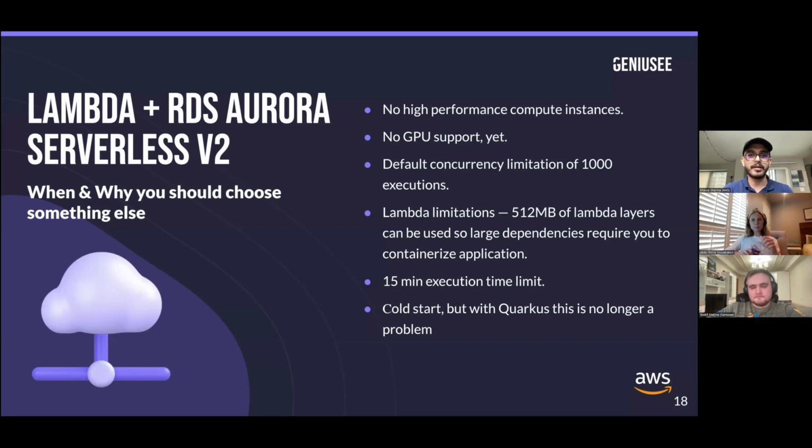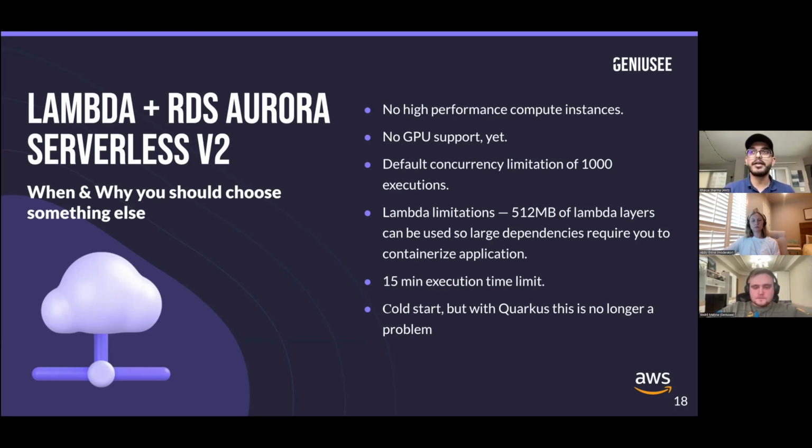If your application needs a GPU, for example, to do AI training, then Lambda is not the right choice for you, because currently Lambda does not have the ability to attach a GPU to your endpoints. Inference can be done on CPU. Similarly, there is a concurrency limitation of 1,000 executions, but this, of course, can be modified. You can raise a request to AWS, and we can increase that to however much you want.